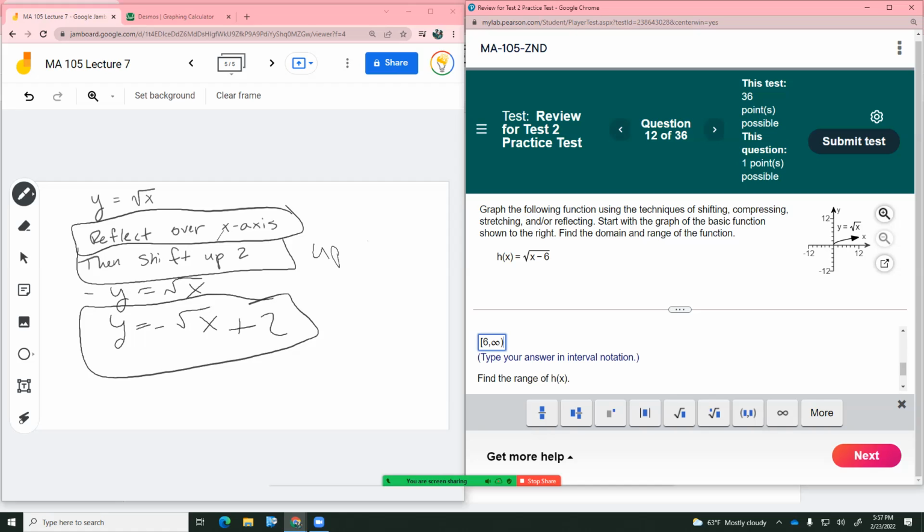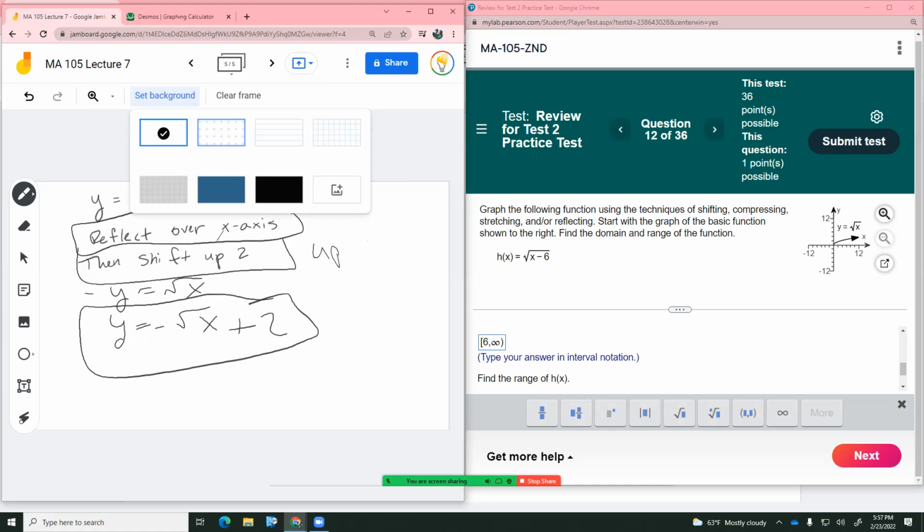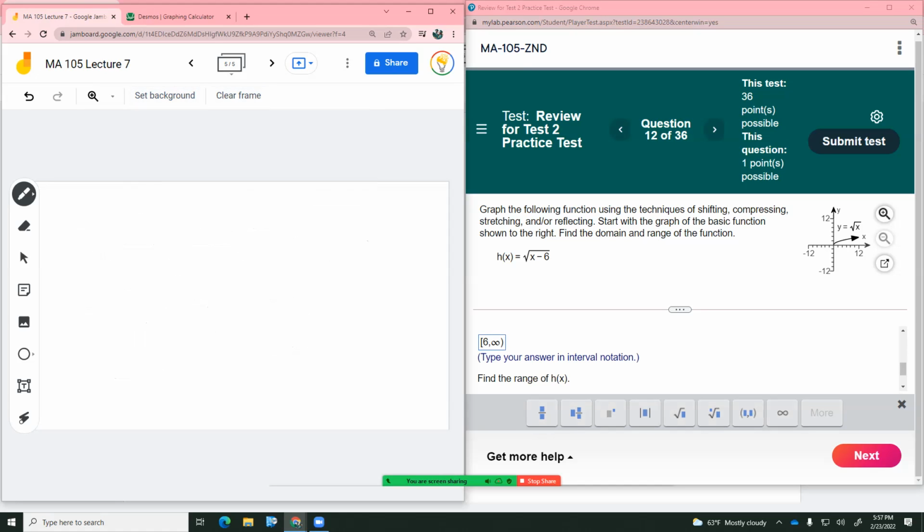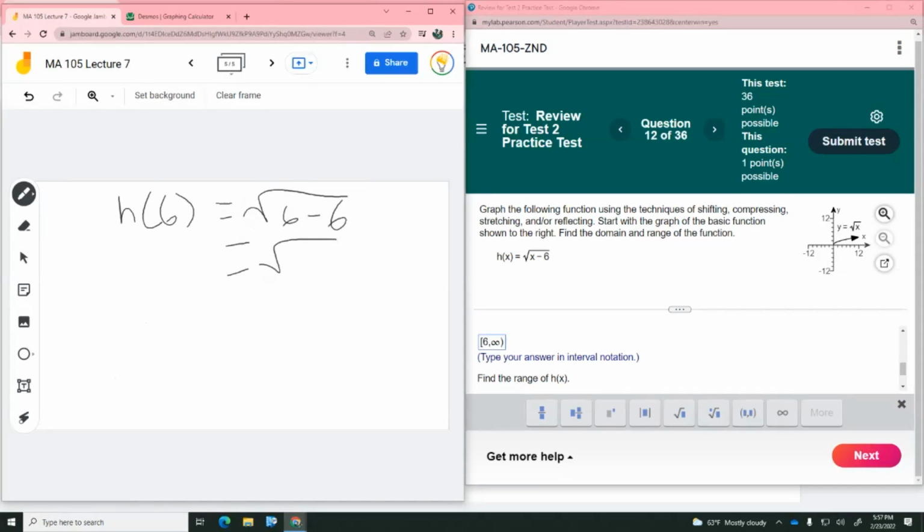So what do I mean by that? Basically, what I'm saying is, if you have a situation where you do h of 6, it does actually exist. Square root of 6 minus 6, of course, is square root of 0, which is just 0. So it does exist. However, anything immediately less than 6 no longer exists.